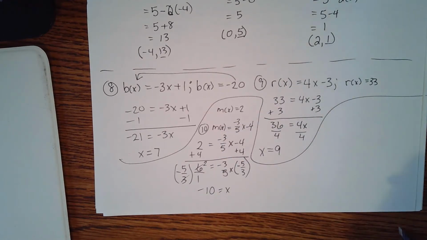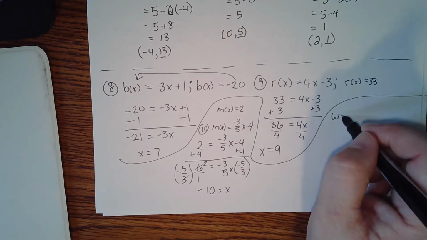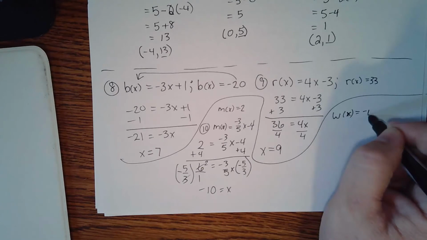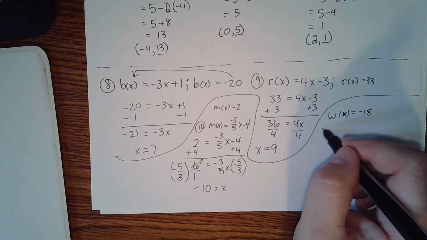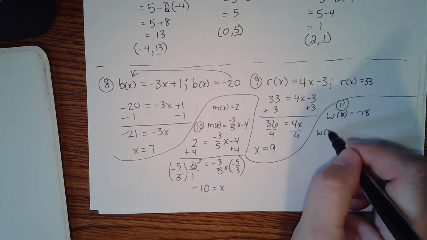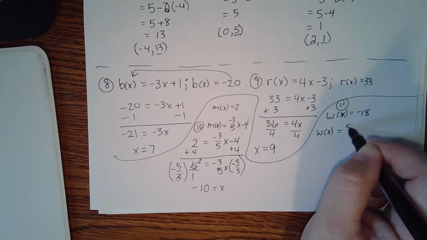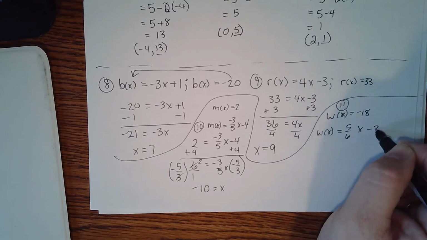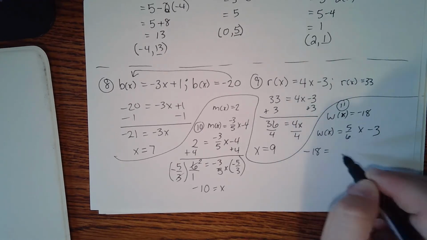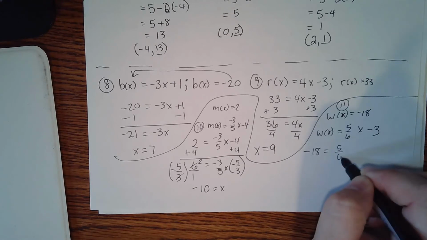And then 11 is basically the same thing. So w of x is going to equal negative 18, it says. Let me put number 11 up here, which is going to give me w of x equals 5/6 x minus 3. Treat it the same. Negative 18 equals 5/6 x minus 3.